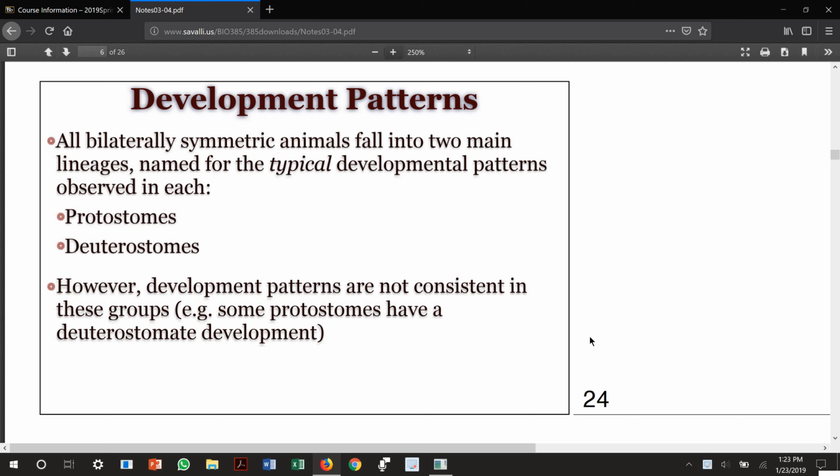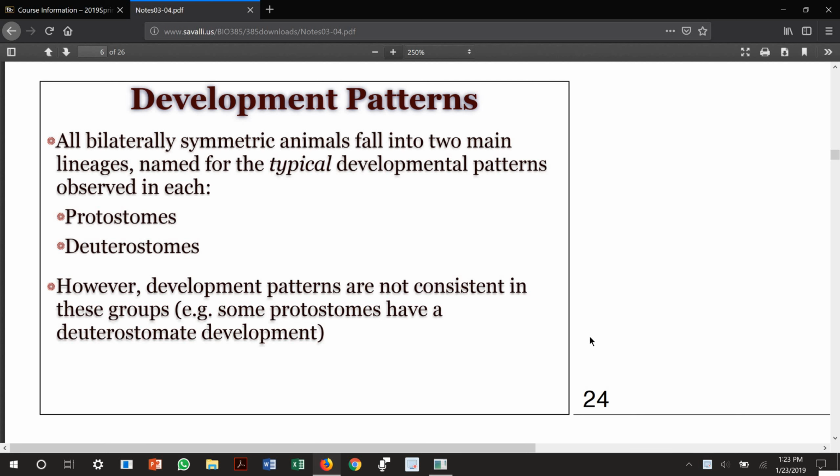And so we still use the names protostomes and deuterostomes for two major lineages of bilaterally symmetric, triploblastic animals that are distinguished typically by whether they have protostomate or deuterostomate development.